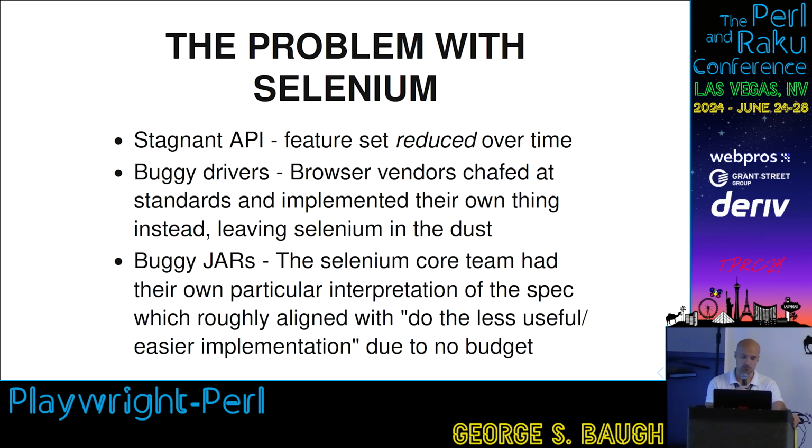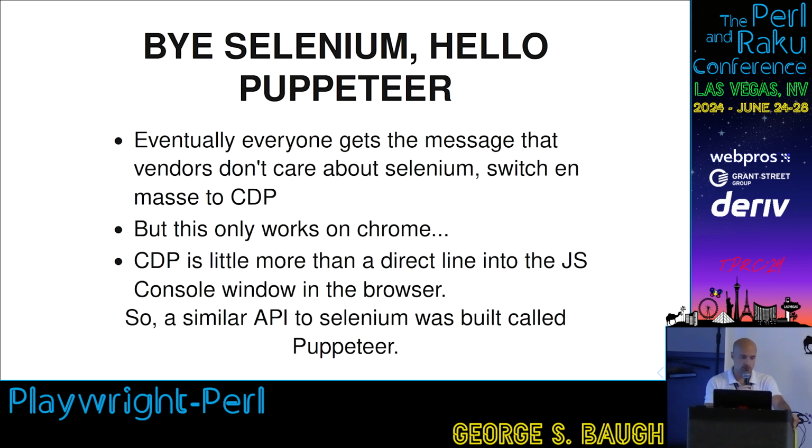And so that resulted in the Puppeteer project, which was basically making the same set of canned commands, which are very similar to the kind of concepts and mental models that you have when you're doing things in the browser as an actual person.